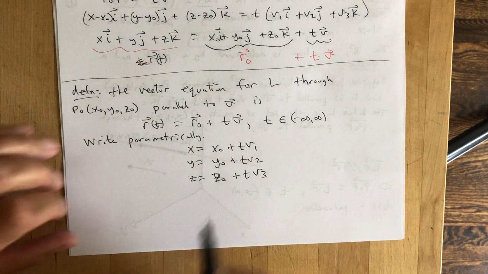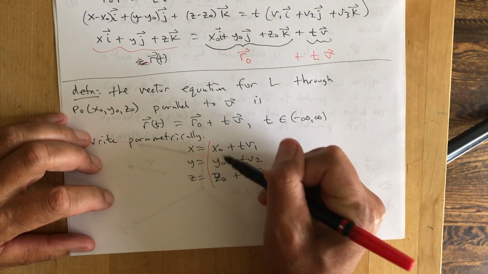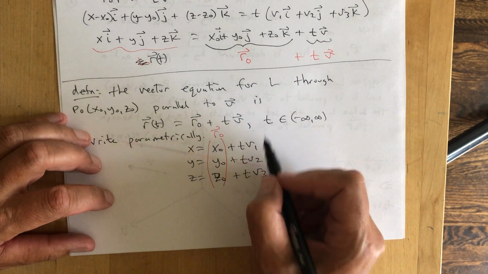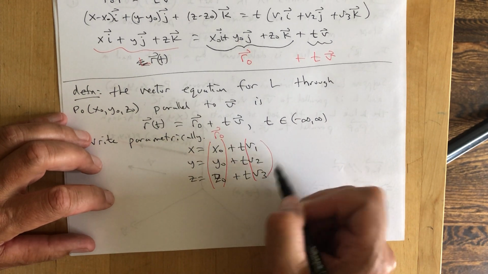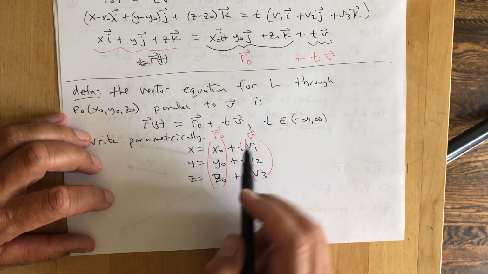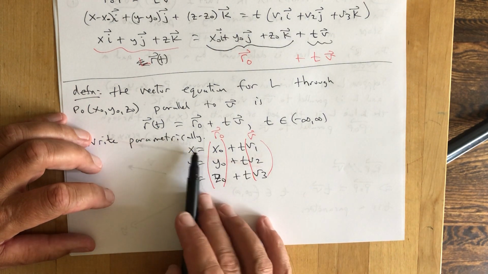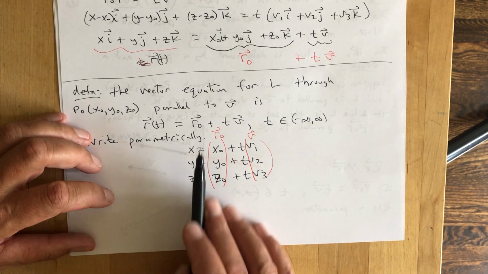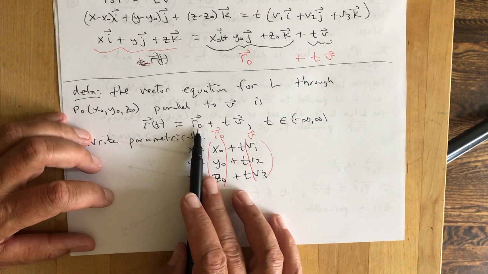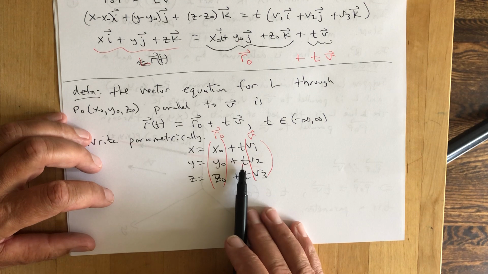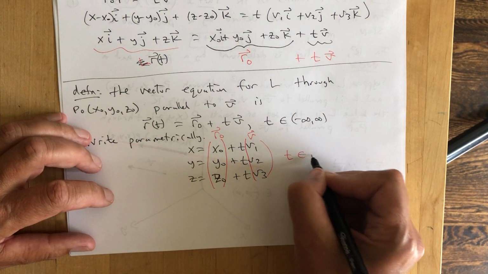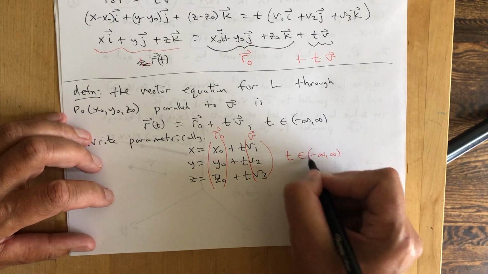Now, let's be crystal clear here. This is the column vector r naught. And this is the vector v. So all we've done is written r of t, which is x, y, z, as the sum of the position vector given by r naught plus this parameter times v. And the parameter runs from minus infinity to infinity.